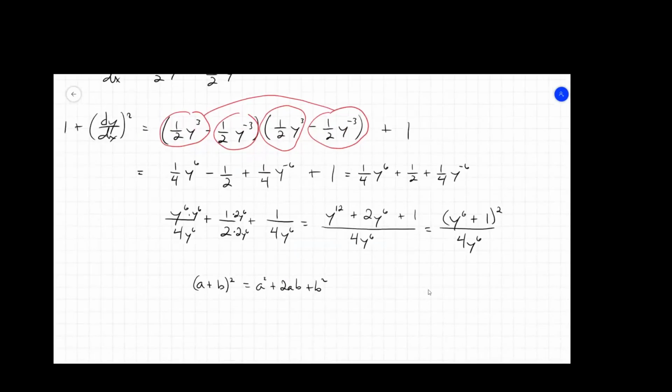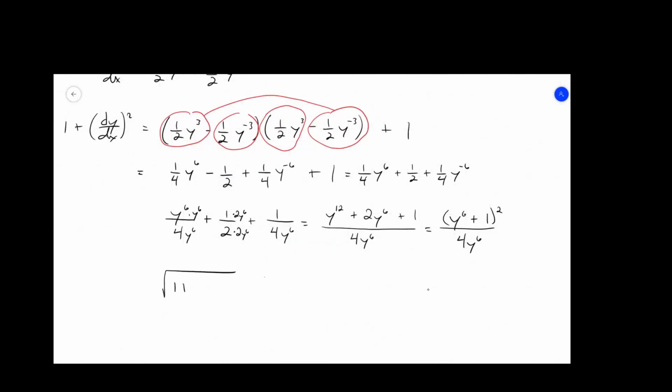So for that reason, when we get to this particular step, the square root of 1 plus dx dy squared, well, that means we're just taking the square root of this, right?